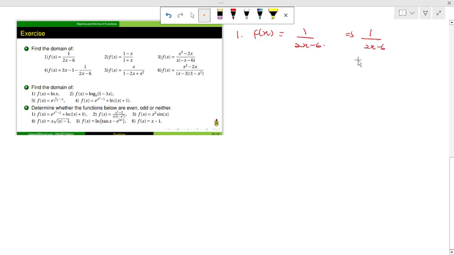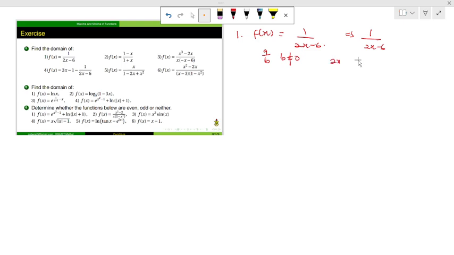Then I'll have, for a rational function which is a over b to be undefined, meaning that b should be equal to 0. But if I want values that will make this function defined, I'll find values of b that will not be equal to 0.